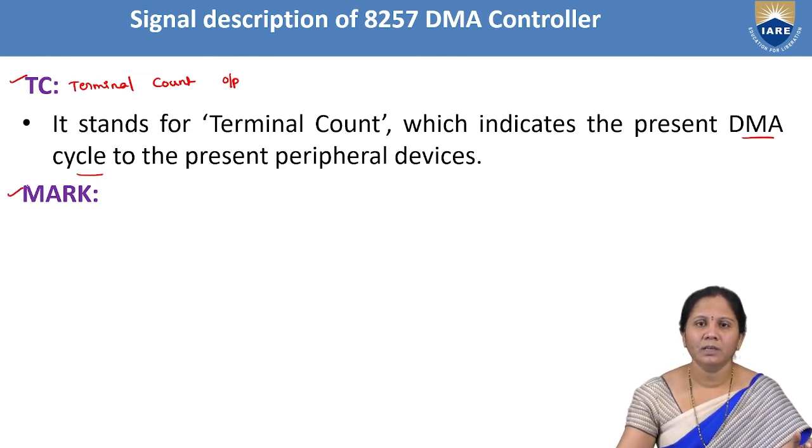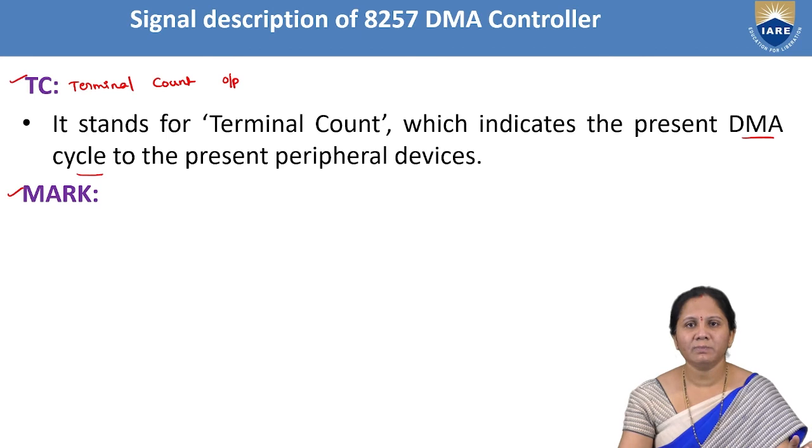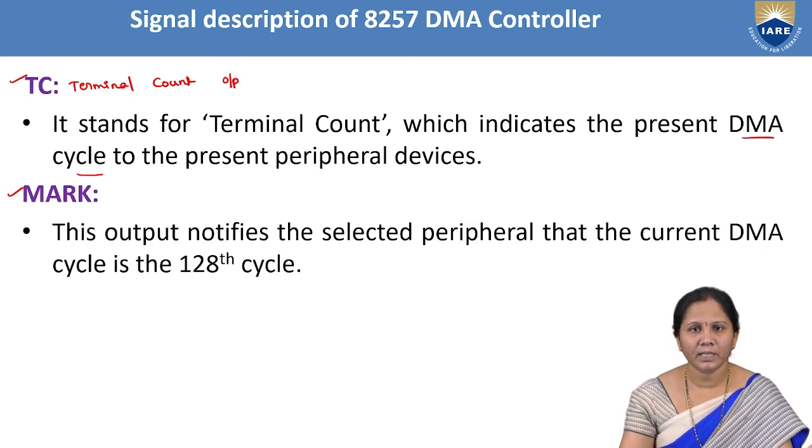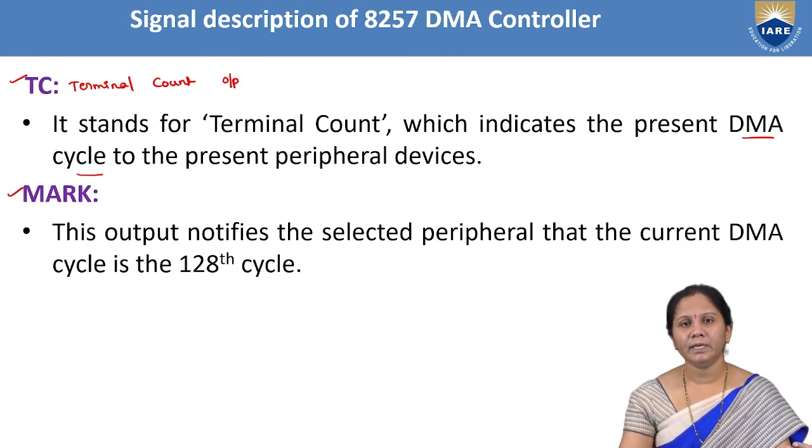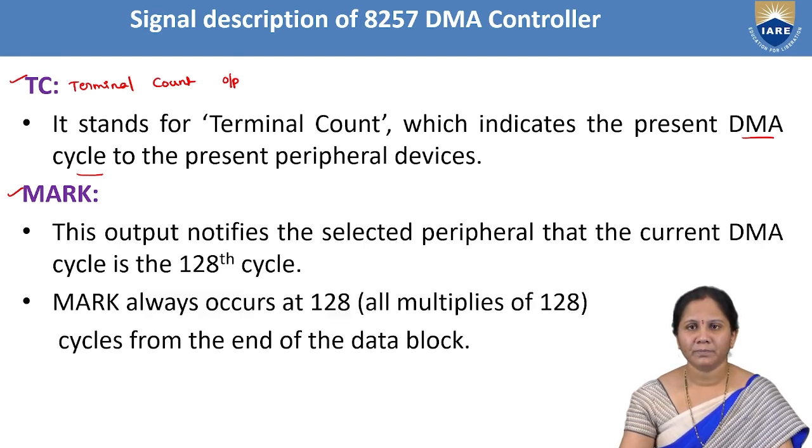And another one is the MARK signal. It is also an active high output signal. When this signal is enabled, it indicates 128 bytes have been transferred.